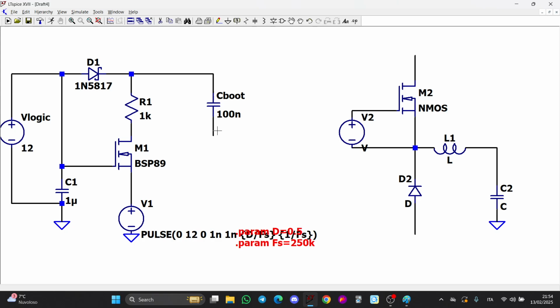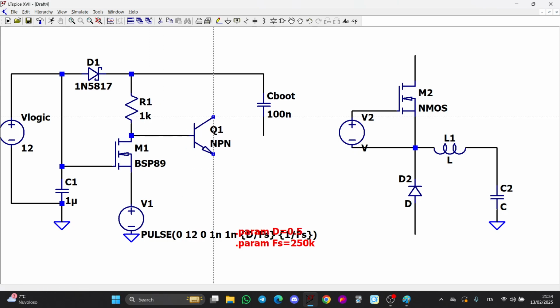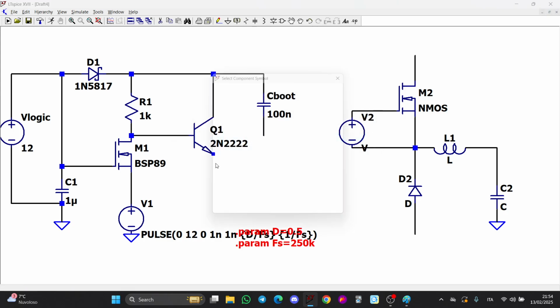Well, this simulation at my left side is a very in-depth simulation, and you can even simulate how much charge you need, if you need maybe an external totem pole, so you can make a more precise simulation. By changing this transistor, it also changes how much peak current you can give.